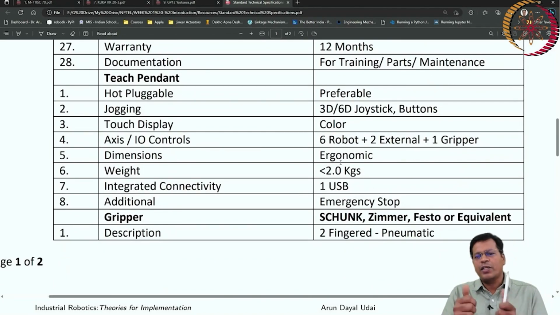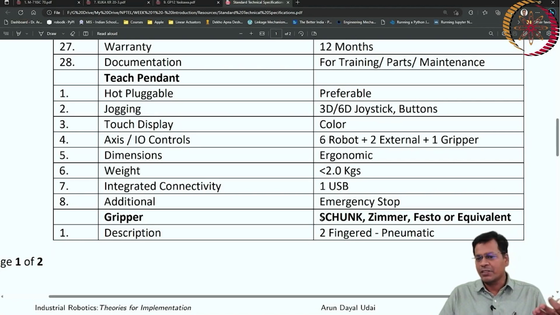Joystick: it should have a joystick or some sort of buttons to make your robot go to an XYZ location, orientation and all. If it is a teach pendant, the weight should be below 2 kg so that you can hold it firmly in your hand. One USB connection should be there so that I can put in my pen drive and load offline programs externally.